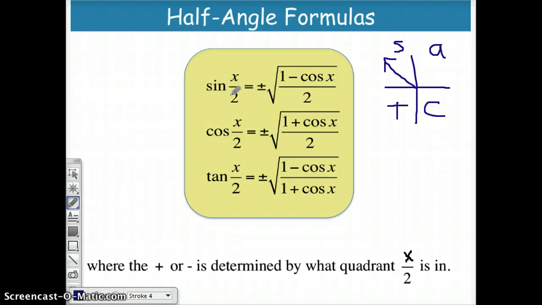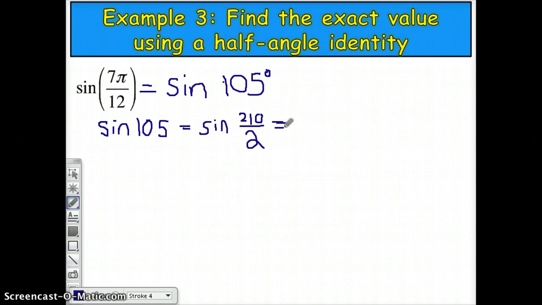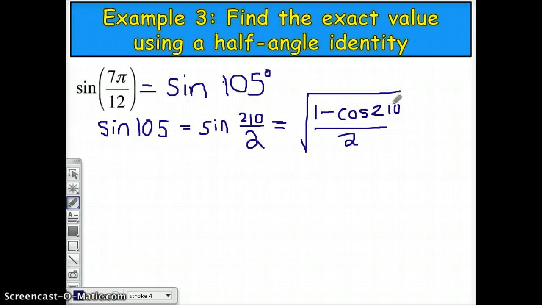The sine of x over 2 is going to be plus or minus. My original angle is 105. 105 is in the second quadrant and sine's positive in the second quadrant, so I'm going to use the plus. 1 minus cosine x over 2. So positive 1 minus cosine x, which would be 210 over 2, and then there's a square root around all of that.